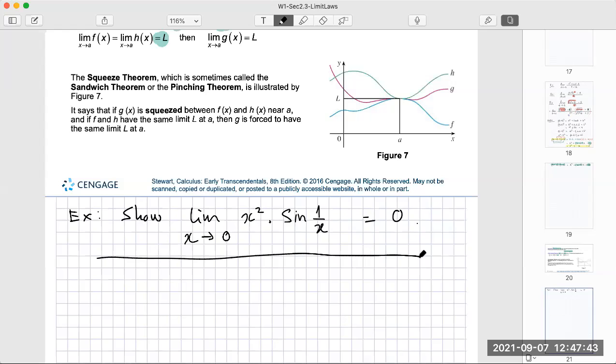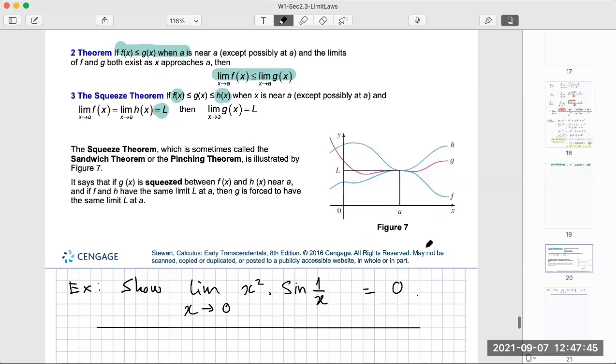Now, try to think about a solution yourself. We'll discuss a little later. Can you see it? Okay, good.